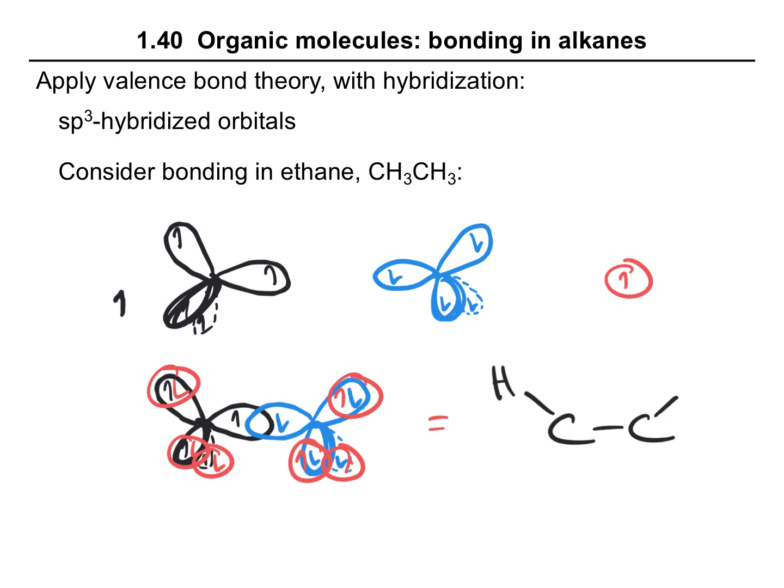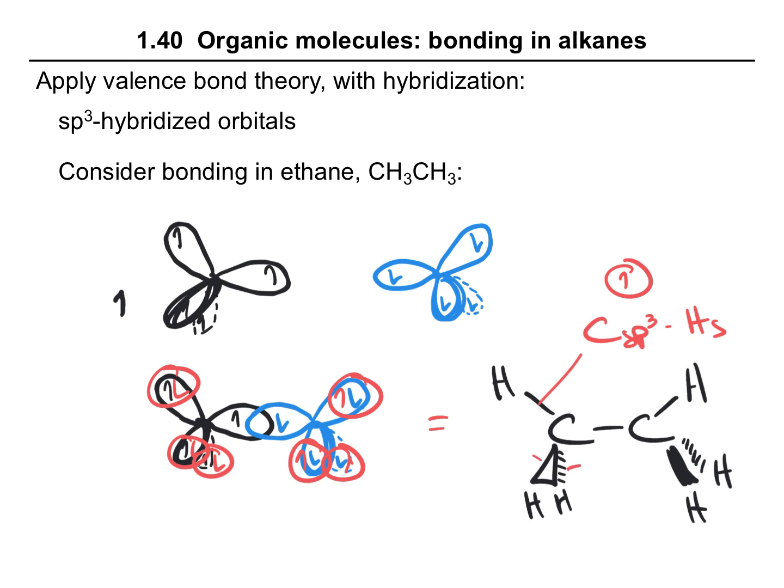These carbons are each connected to a hydrogen and another hydrogen and another hydrogen. Each carbon is tetrahedral, and as we think about the formation of these bonds, what we're looking at here is a carbon sp3 overlapped with a hydrogen s orbital, and that's the same for this carbon-hydrogen bond, this one, this one, this one, and this one.